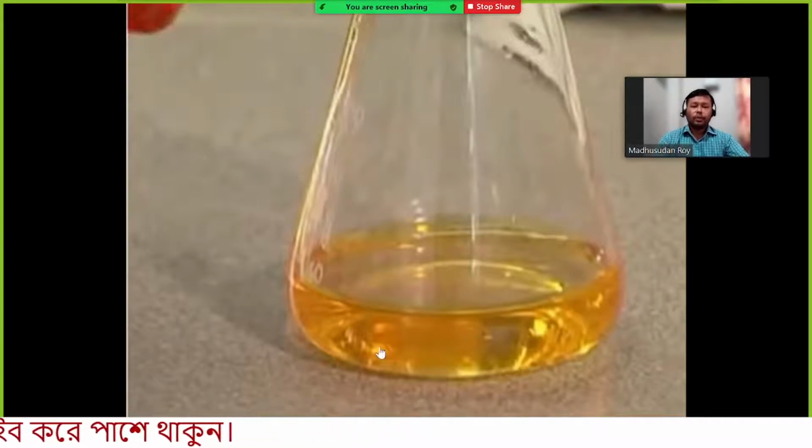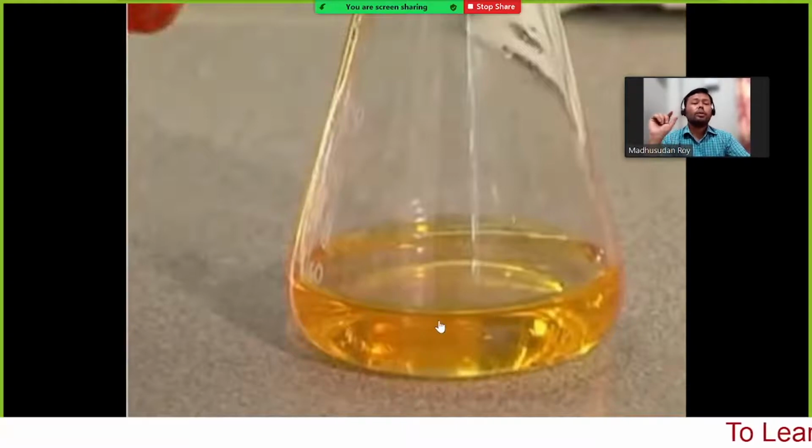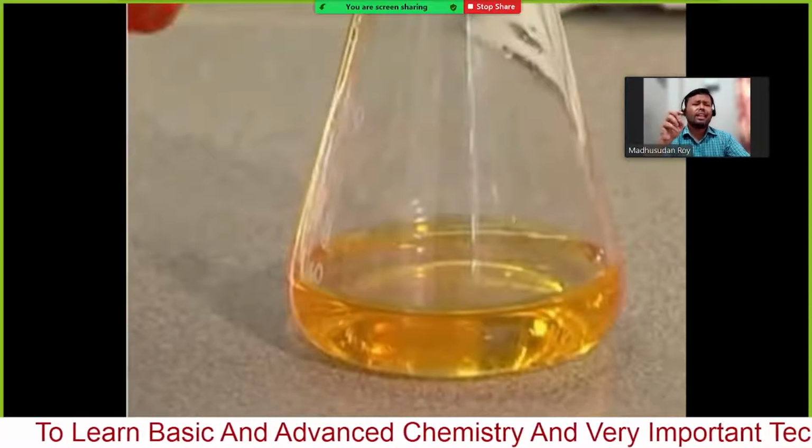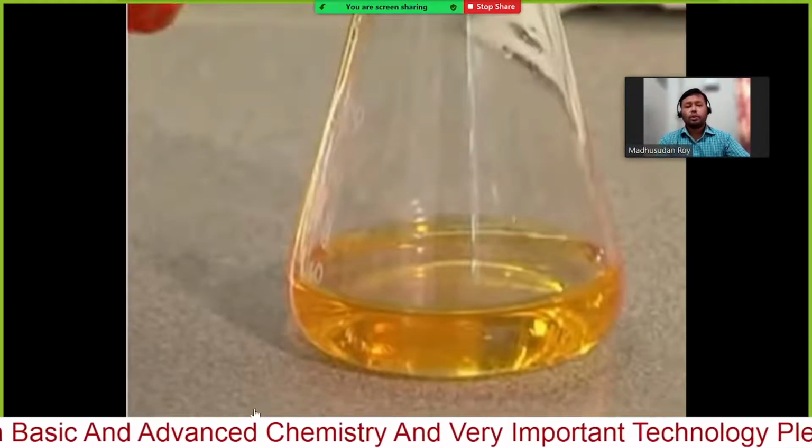If you add too much methyl orange, the color will automatically be almost close to the orange red. So please add only 2-3 drops, or just enough that you can see the yellow color. Do not add more.